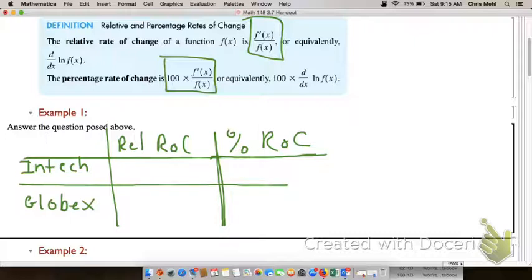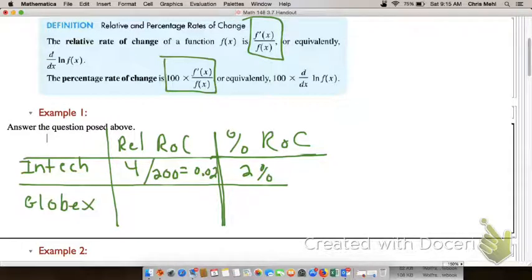So first, the rate of change of Intech is $4 per year. But you're going to have to divide by the value of the share, and that ends up being 0.02 if I'm not mistaken. Or if you multiply that by 100, that's going to be a 2% rate of change.